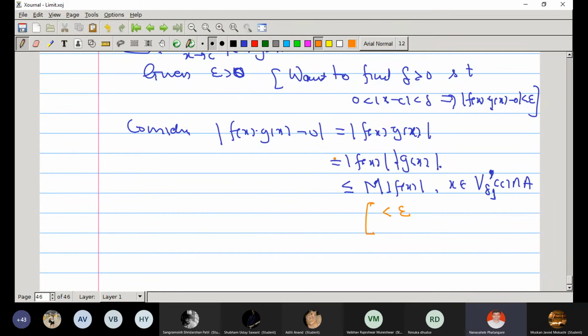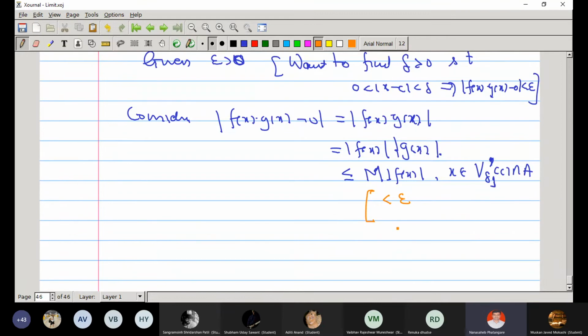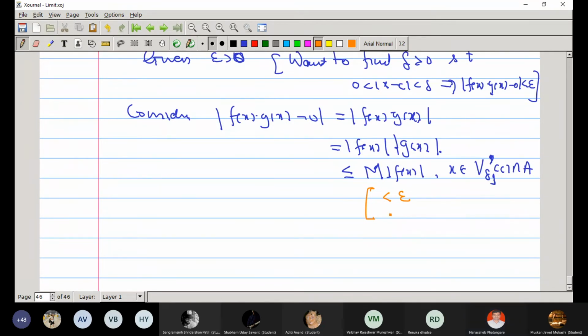Right, f(x) times g(x) minus 0 is less than epsilon. It is sufficient to make m times |f(x)| less than epsilon. Can I make m times |f(x)| less than epsilon? Is it possible? Yes, sir.